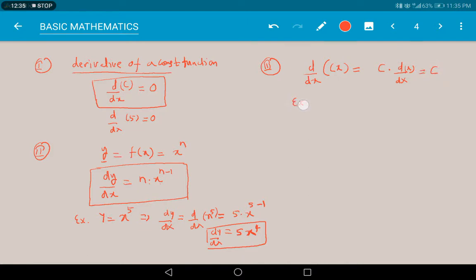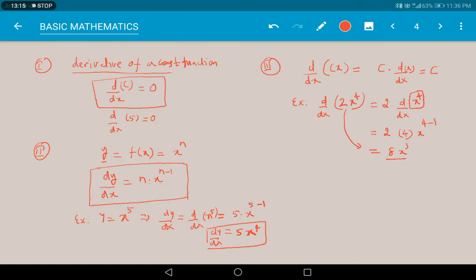Or if we take one example, d by dx of 2x power 4: here 2 is a constant, so we write it in front of the derivative, d by dx of x to the power of 4. This is a function of nth power, so the formula is n into x to the power of n minus 1, so 2 into 4x power 3, therefore 8x power 3 is the derivative of 2x power 4.